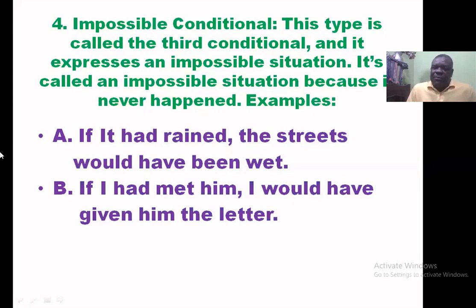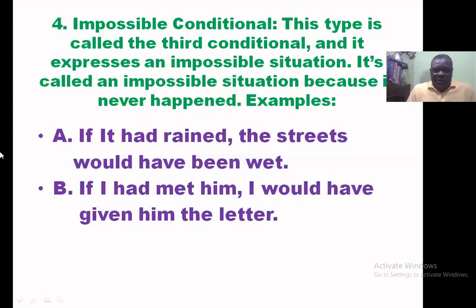And so if we remove the if there, we can say that the streets became wet after it had rained, or after it had rained, the streets became wet or were wet.